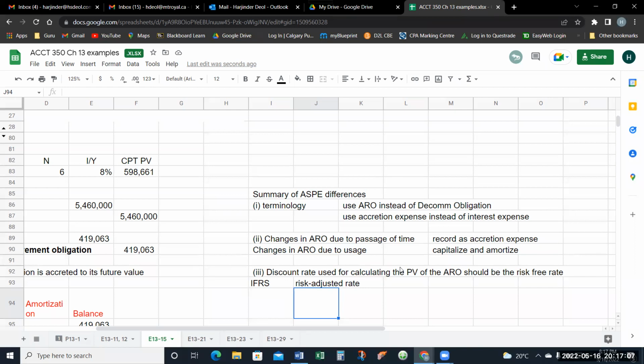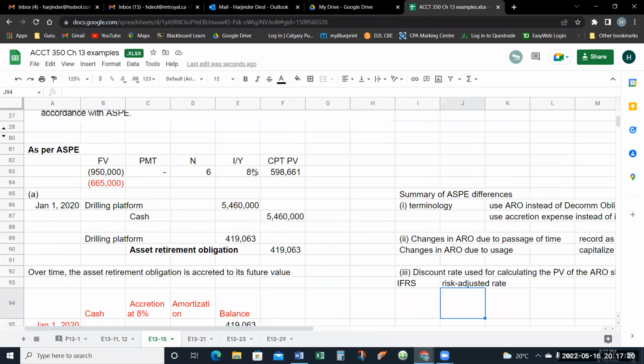And when you're using a lower discount rate to calculate the present value, and you can try it out, you use a lower rate, your PV will be a higher number. So just for example, if the risk-free rate was say 5% instead of 8%, you'll notice that the present value goes up, right?